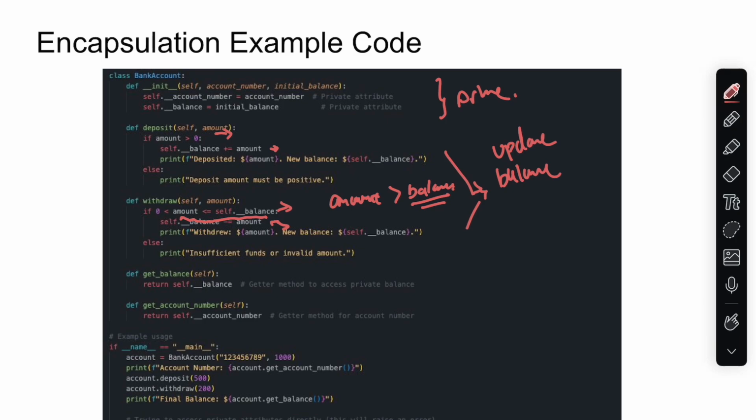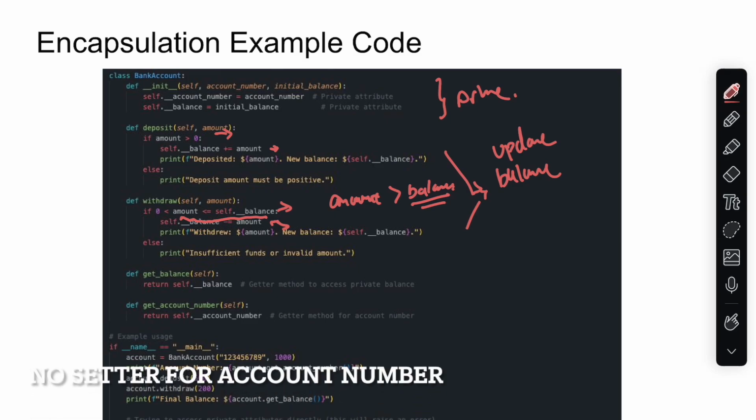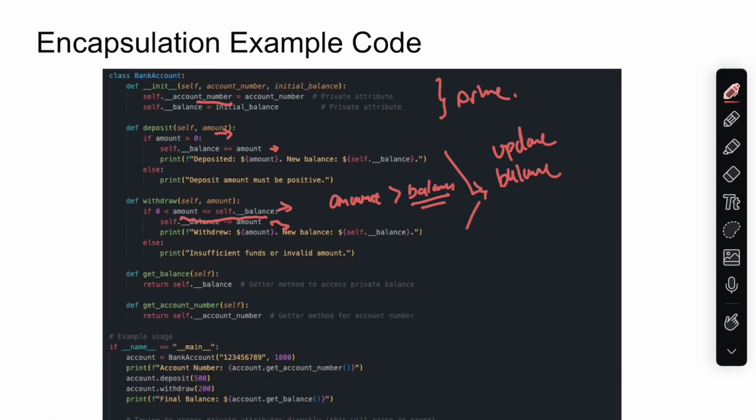Hence, by having these setters, it really allows us to check for specific conditions and ensure the integrity of our data. And in addition, notice that there is no setter for the account number. So this is protected from being overwritten.